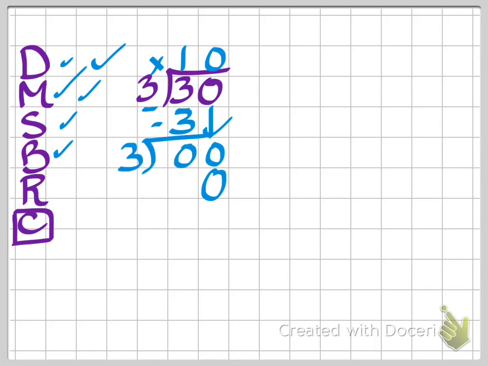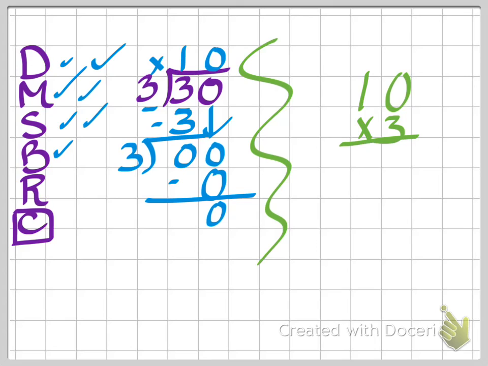Check. Subtract. 0 take away 0 is 0. Check. And bring down. But there's nothing else to bring down. So there's no remainder because there's nothing left over, just a 0. And so now we need to check our work. So pause me and check it. And you should have 10 times 3, which equals 30. You put a box around that, a box around your dividend, connect them, and yay, hopefully you got it right.